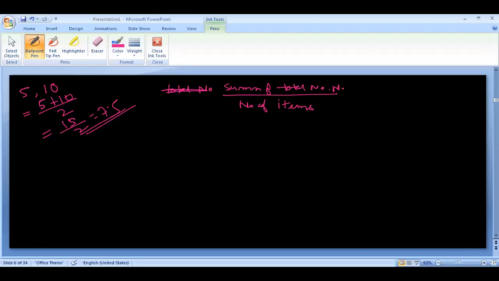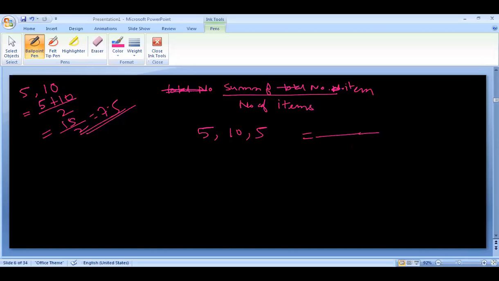Suppose I am asking you to find the average of three numbers. What will be the average? The formula is the summation of the total items divided by the number of items. How many numbers are there here? 3.